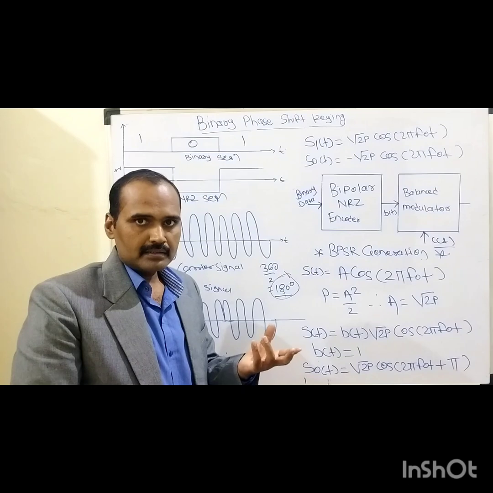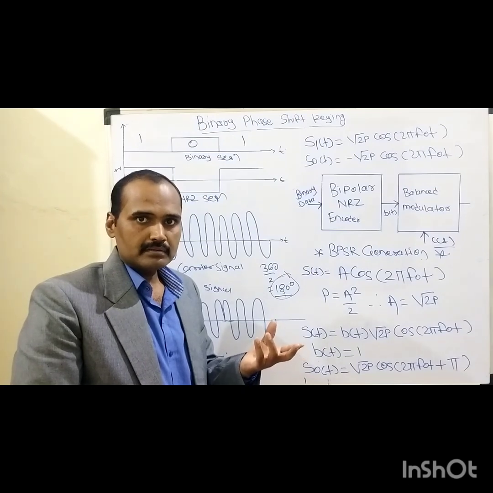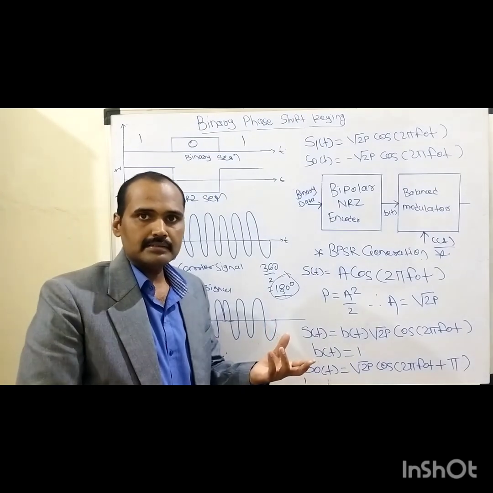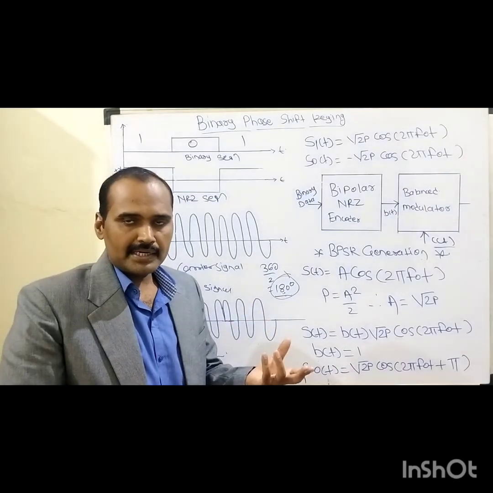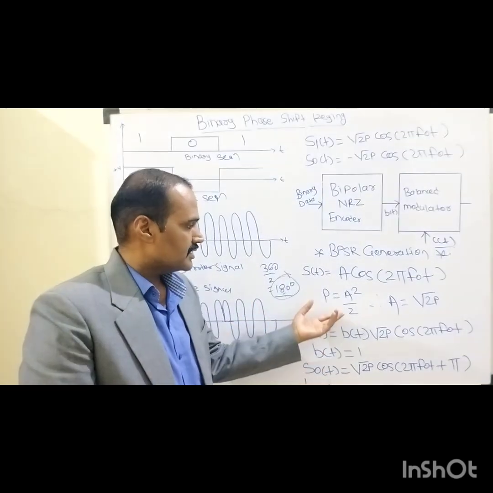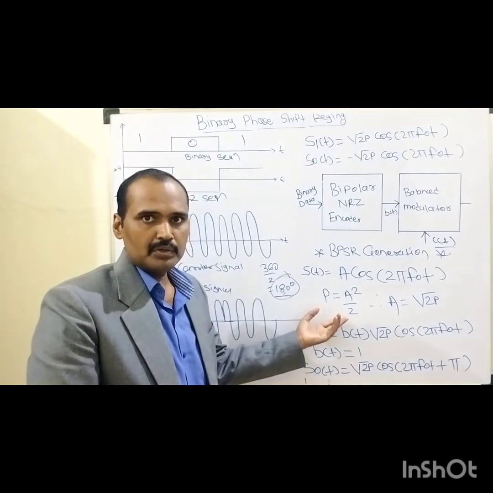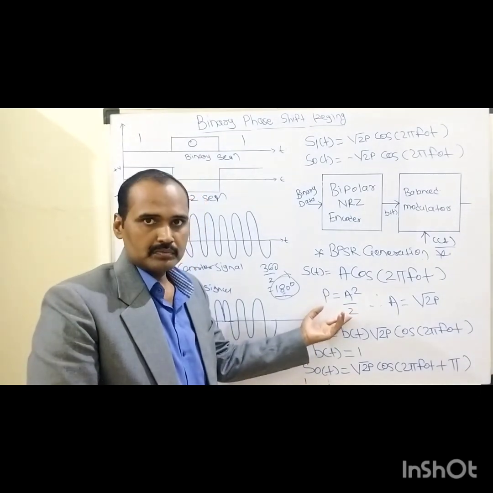Another important aspect of this carrier signal is that we are very much aware that the total power dissipated through this carrier signal is given by P equals A square by 2.